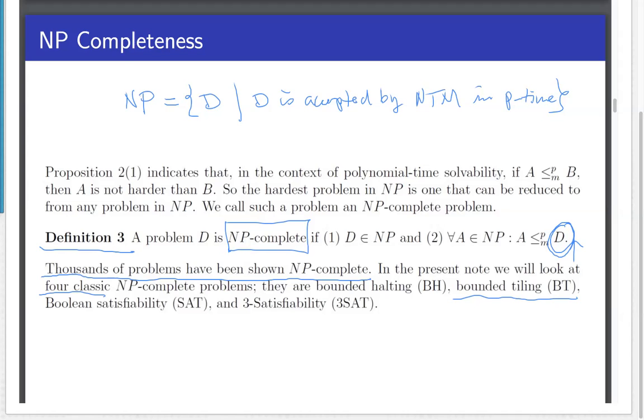And then a special case of 3 satisfiability, which probably can be called Karp's theorem. This is due to Levin. We're going to present a different version, and this is due to Cook, and this is due to Karp.